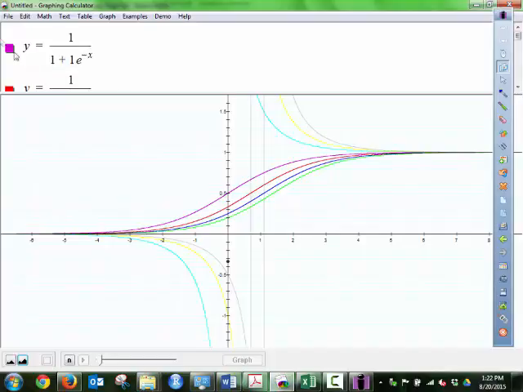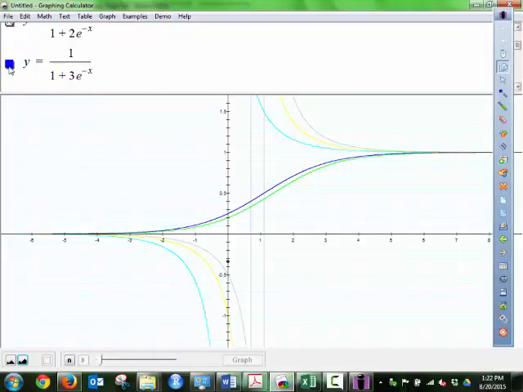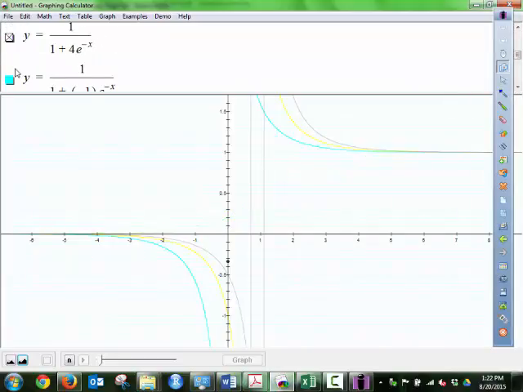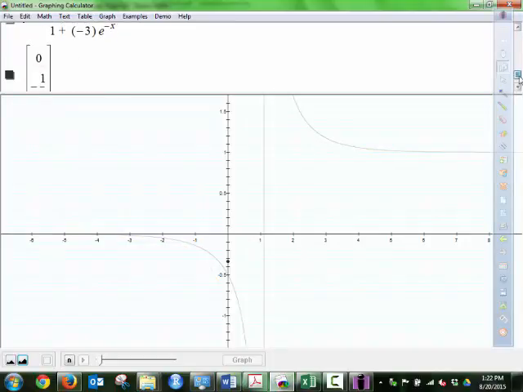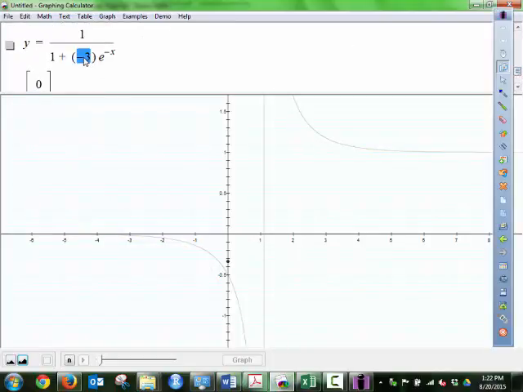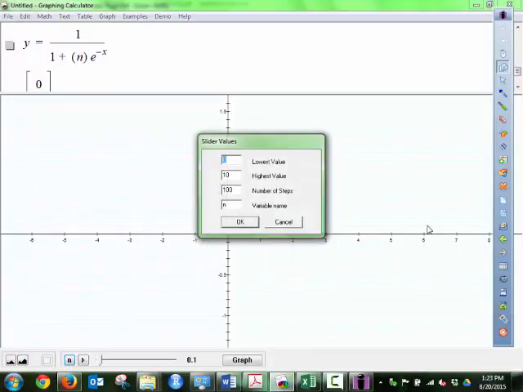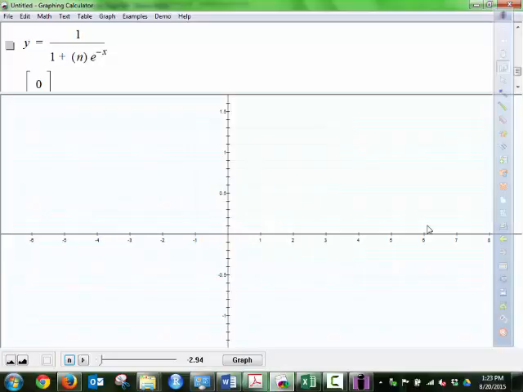So let me see. There's a cool way to find it using this program. Let me start by clearing some of these things and make this a parameter that goes from -3 to 3.